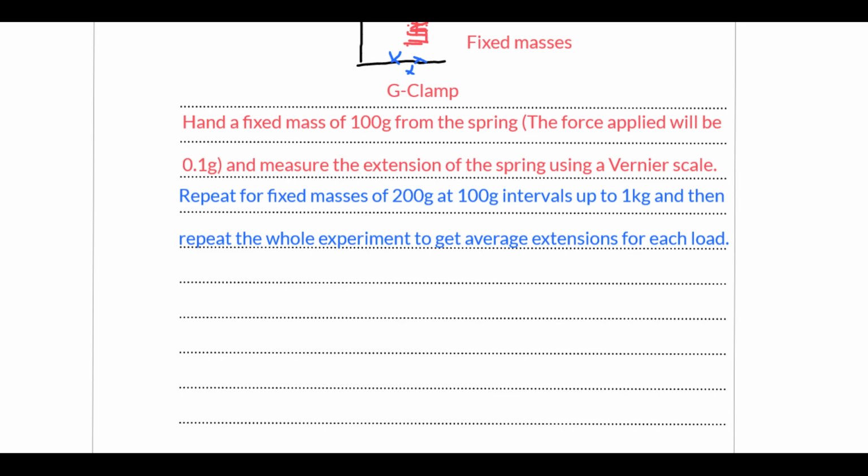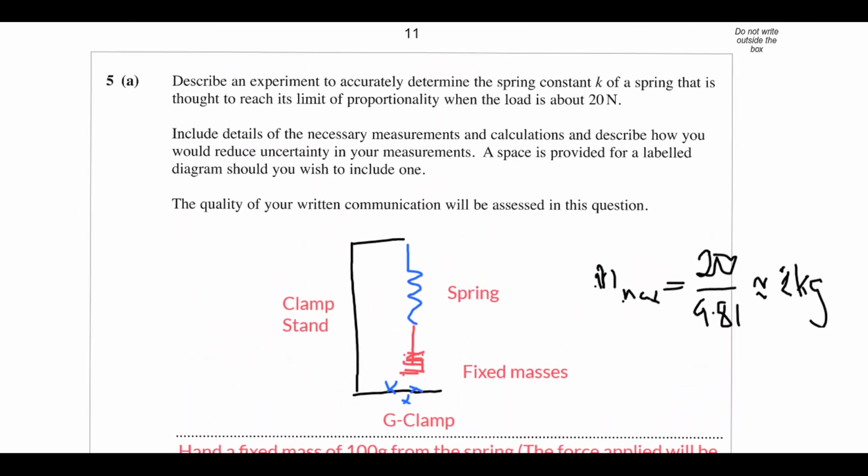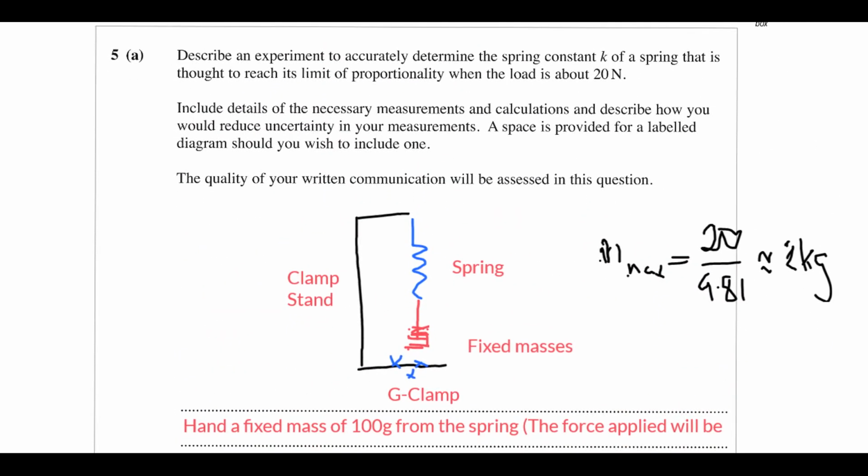And then we do the whole experiment again, so we've got average extensions for each load. Finally, we get onto the graph. We can then get our spring constant from our graph. So let's check we've met all the criteria. I wanted to explain how we do it accurately: we've used a vernier scale, we've taken repeat readings and got an average. Good stuff. We've kept the load below the limit of proportionality.